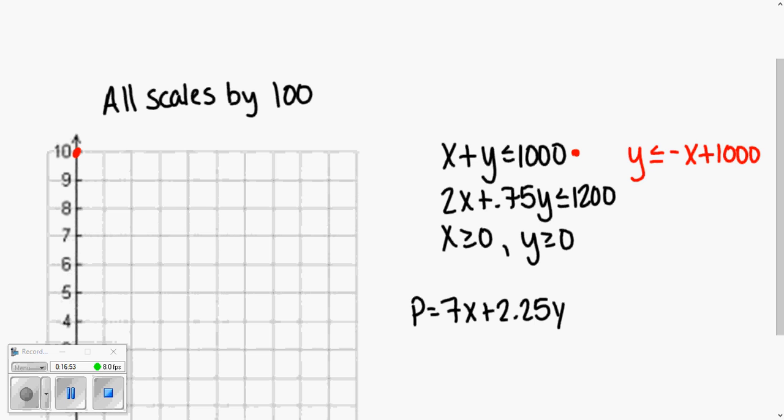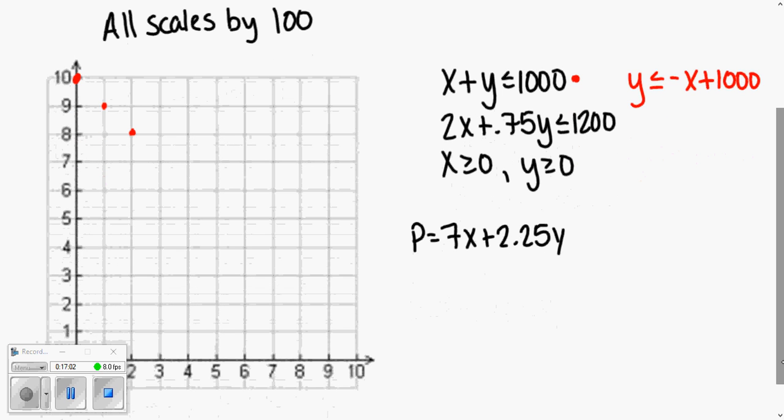And because all scales go by the same, including the x-axis, my slope of down 1 over 1 is easy. I can just count it off like a normal slope, down 1 over 1. Take a second, get that line up there. And that first constraint keeps me below the red line, so less than or equal to.